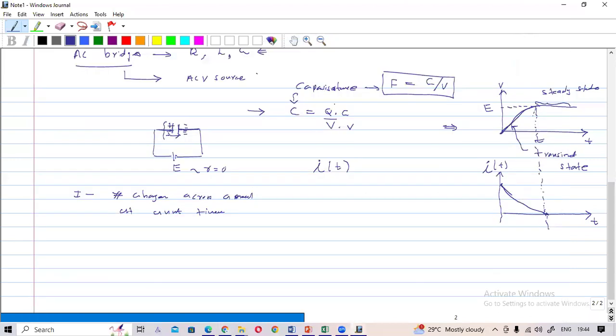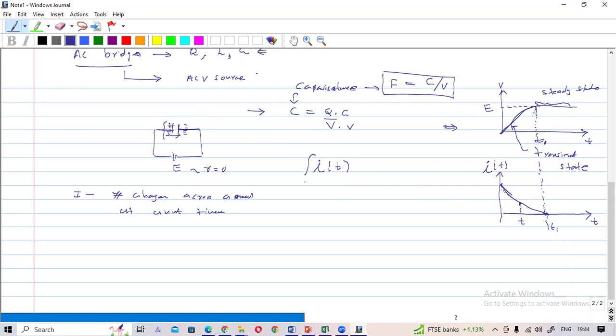If you want to measure this Q, the total charges, let's say that at time T, this point here is T, let's say T1 or something in the transient. At T, if you want to find the full charges, you have to add all this current up to here.